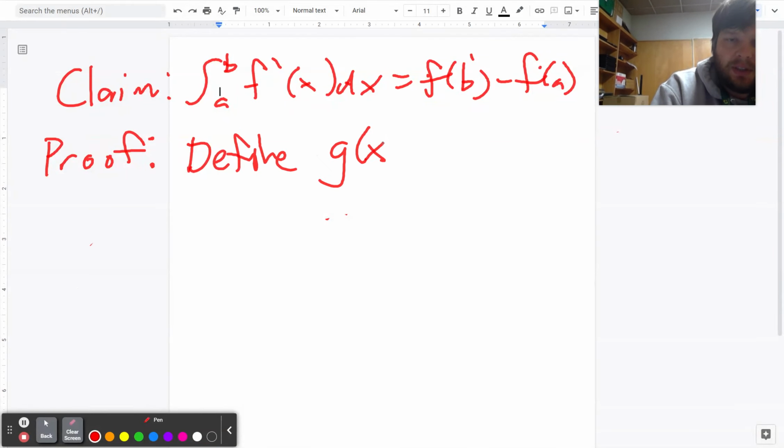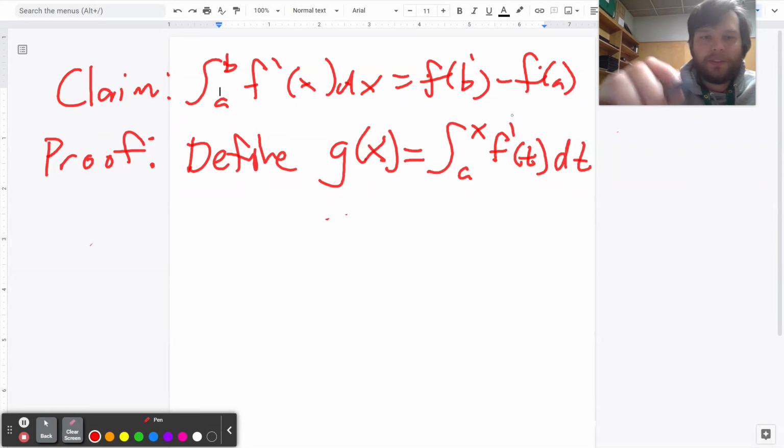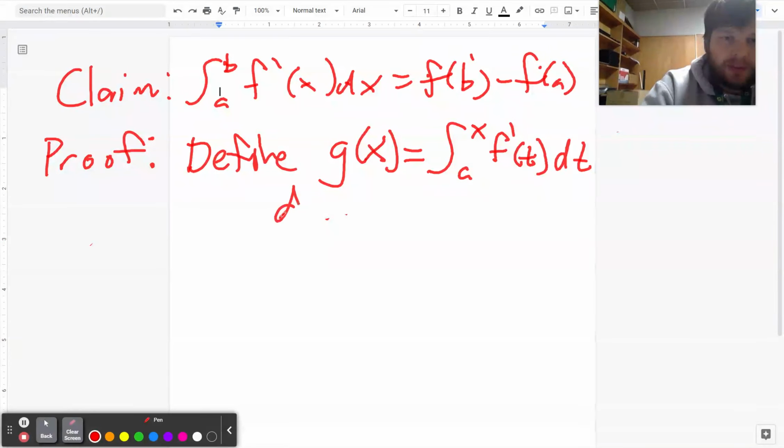Let's define g of x to be the integral from a to x of f prime of t dt. What we just proved is that if I take the derivative of an integral, they cancel out.